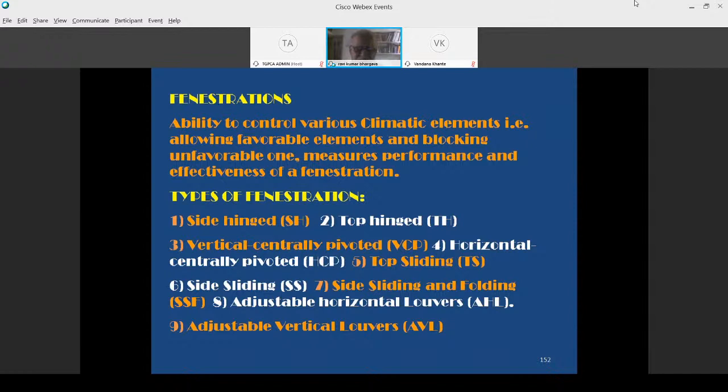Then top sliding window and side sliding window. Top sliding windows in other countries, particularly Western countries, are used commonly.